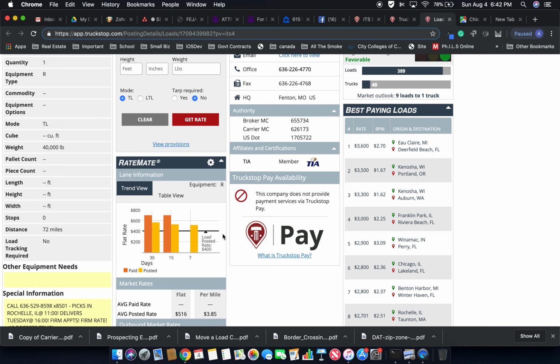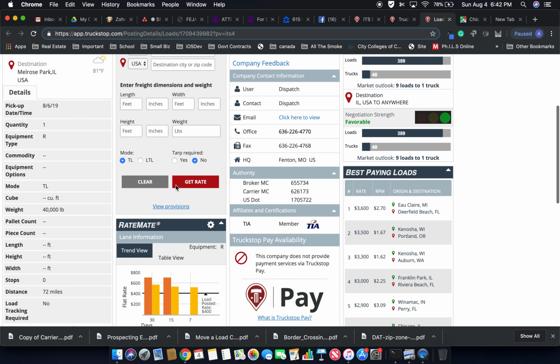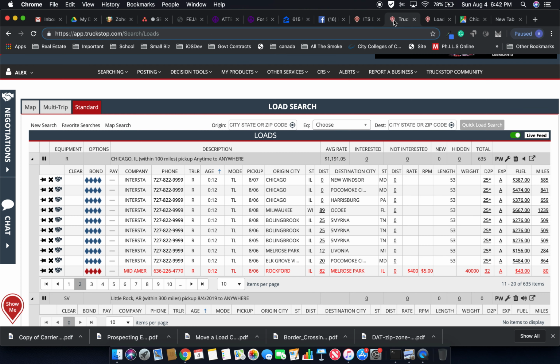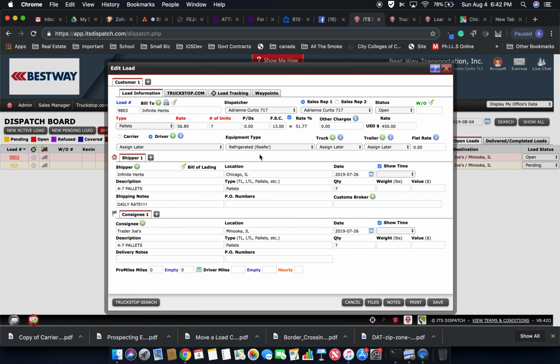So the load would be sometimes around 400 to $500 based on this rate. Once you gather that information, you can fill it out, and that's how you would get your rate, the number of units based off of what you're carrying, the fuel service charge. I had it at a percentage of 13, so that was like 51.77. They subtracted that and got it to 450.